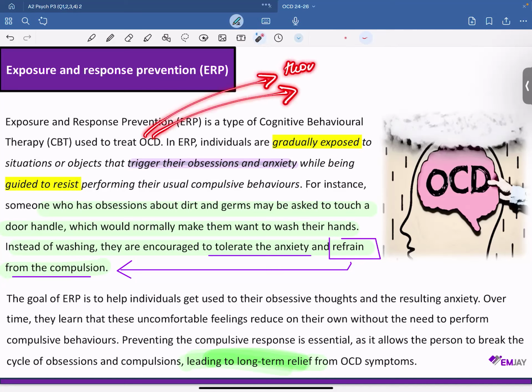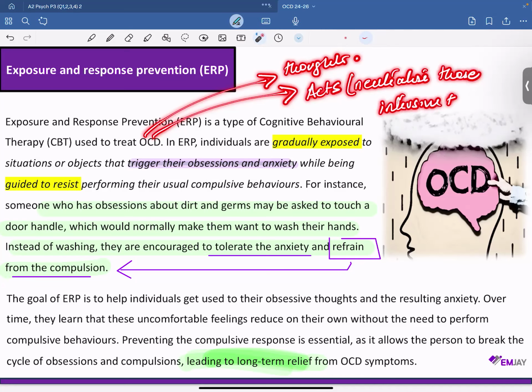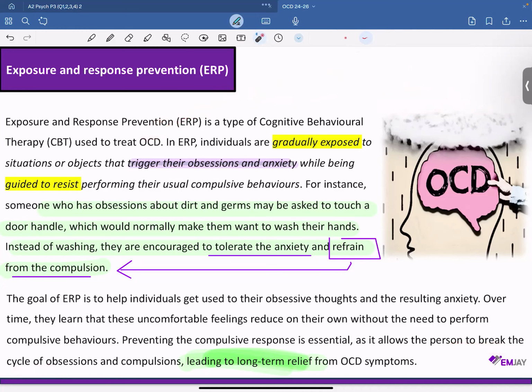Your obsessions are your thoughts, your compulsions are those acts that you use to neutralize those intrusive thoughts, right? You want to break that cycle. Preventing the compulsive response is essential as it allows the person to break the cycle of obsessions and compulsions, leading to long term relief from OCD symptoms.